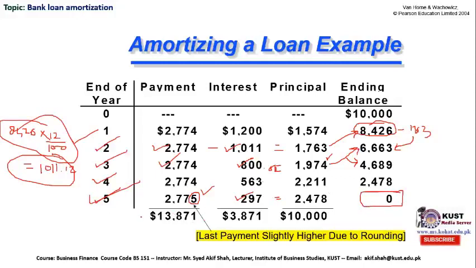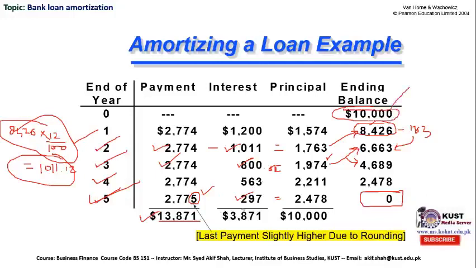Now look at the final subtotals, or I can say the total of each column. The first payment column is telling you that you have paid $13,871 in total for the amount of $10,000 you have initially borrowed from the bank over the period of 5 years.